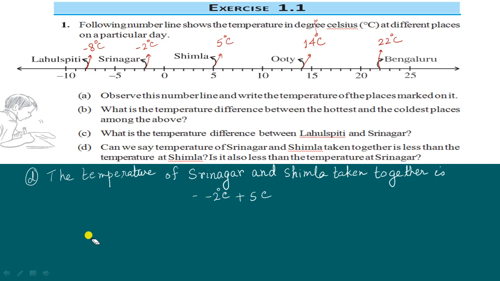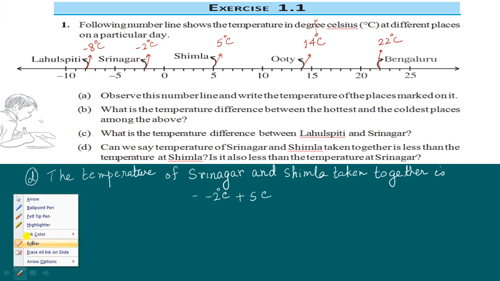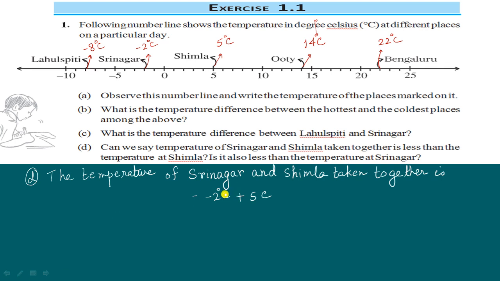Let us write once again, that is equal to minus 2 degrees centigrade plus 5 degrees centigrade, and it comes to plus 3 degrees centigrade, right?